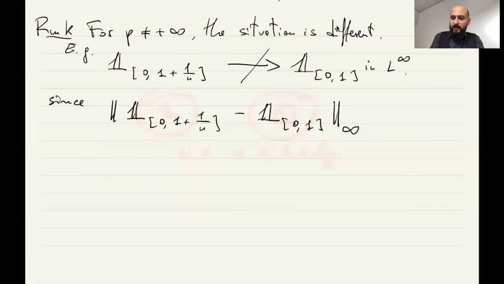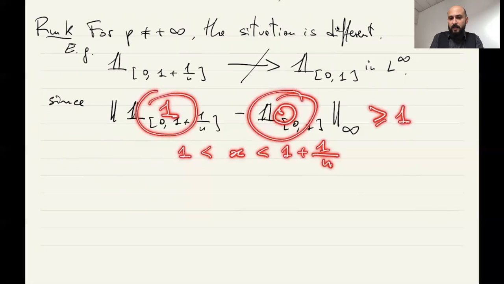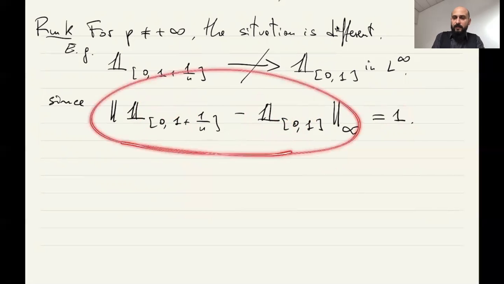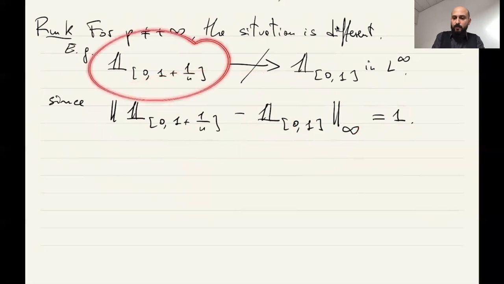So the sup is exactly 1. So this sequence does not go to 0. So for sure, this sequence does not converge to this function. And actually, one can use this observation to show that L infinity is not separable.